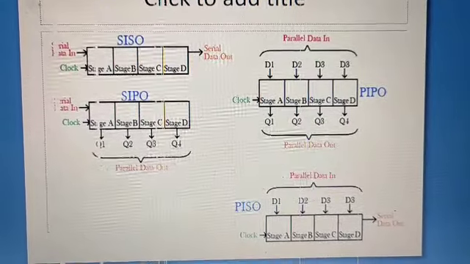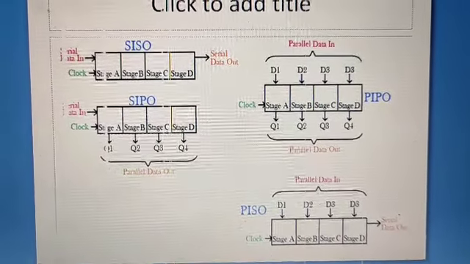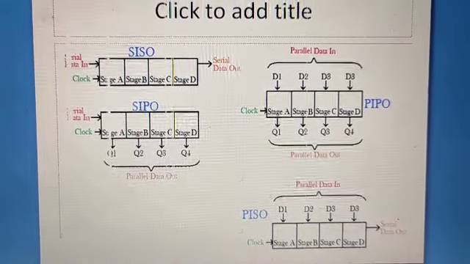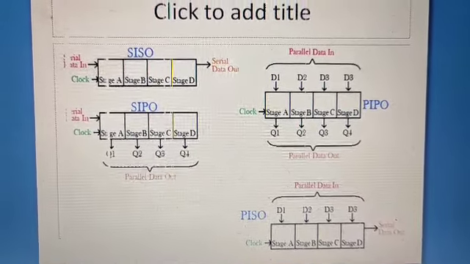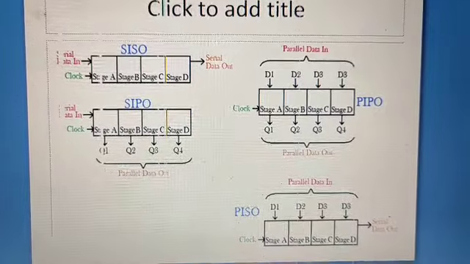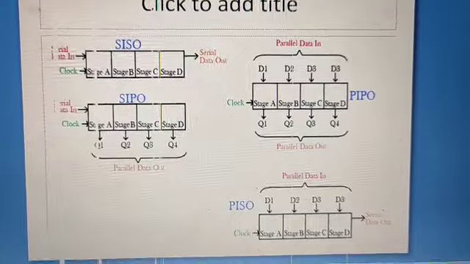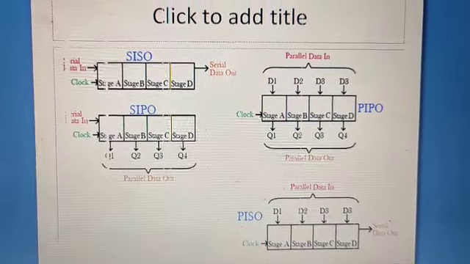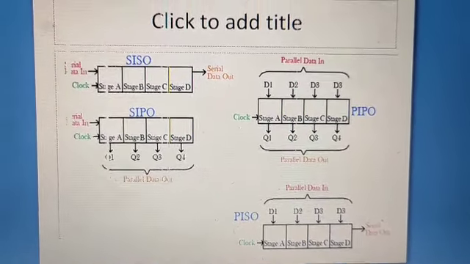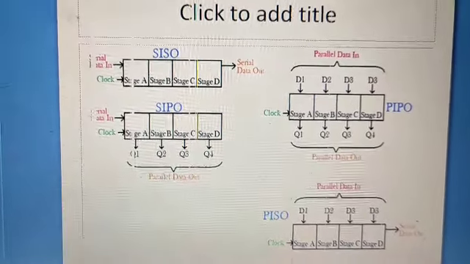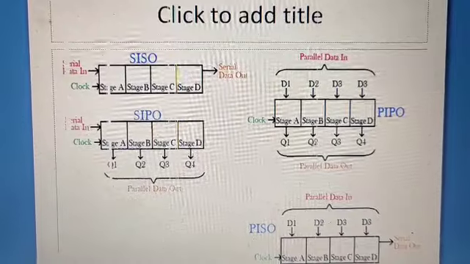So this is what is happening in the modems or communication systems. While sending, parallel data is converted into serial data for easy transmission, and then at the receiving side that serial data is converted back into parallel form. So serial in parallel out.